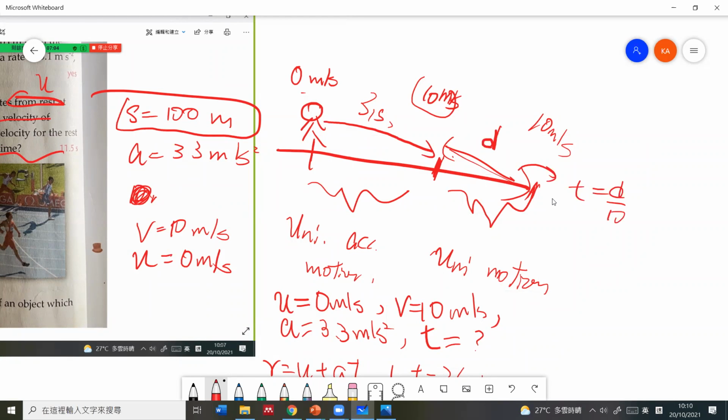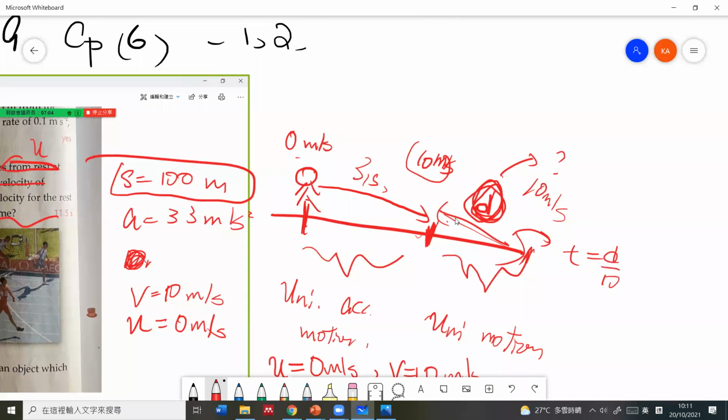Since there is no acceleration, we can use the equation we learned in primary 6: distance or displacement equals velocity times time. The key point is how to know the displacement for the second part. So again, we need to calculate the distance for the first part first.